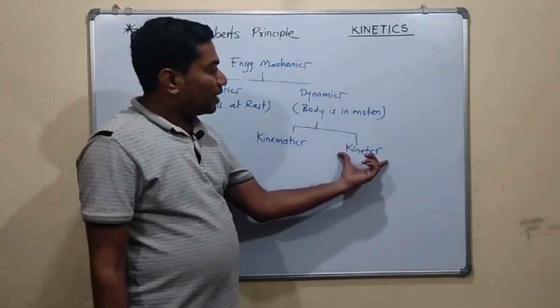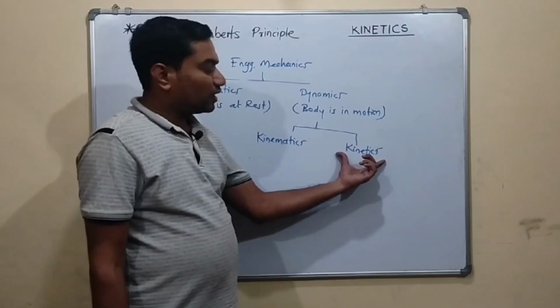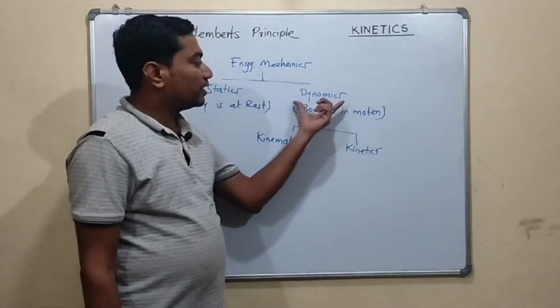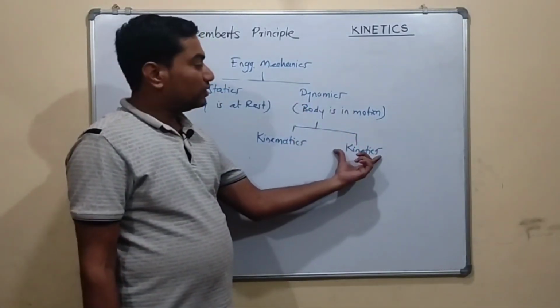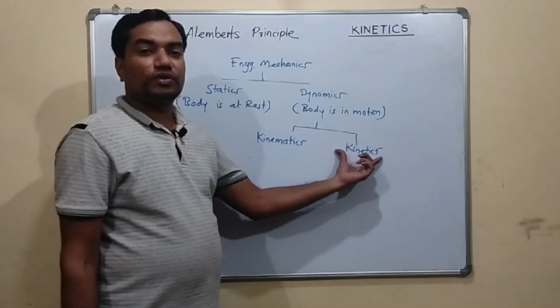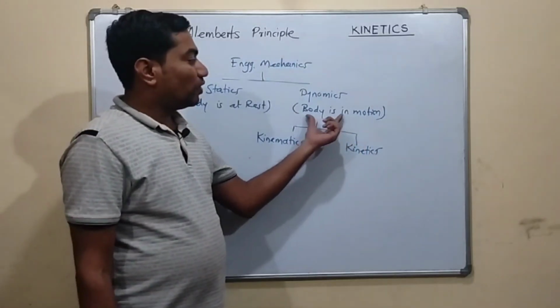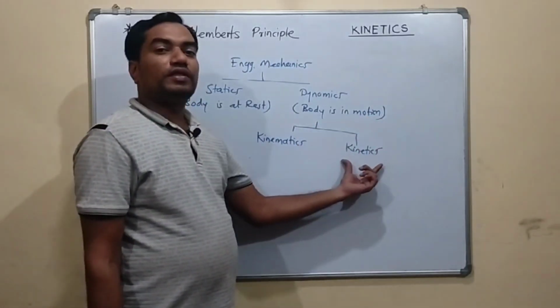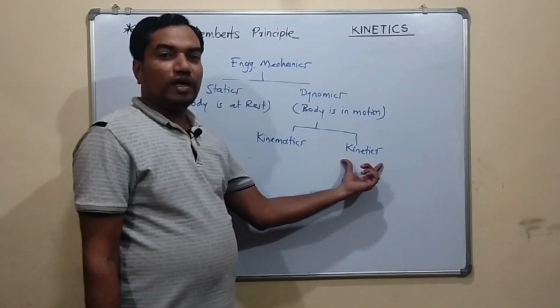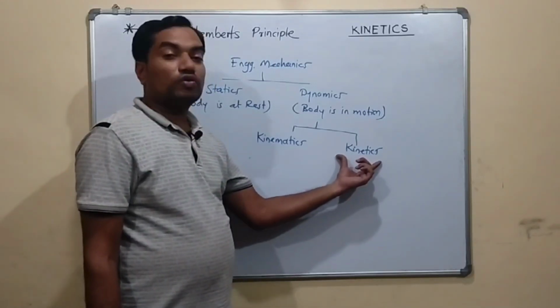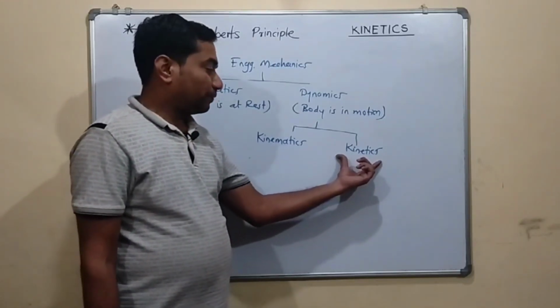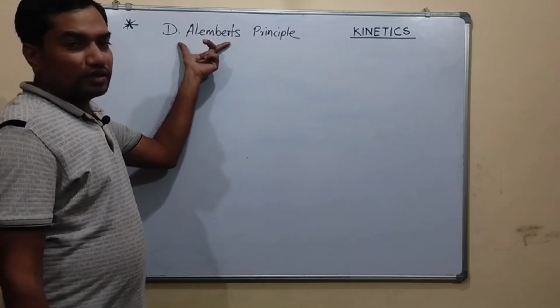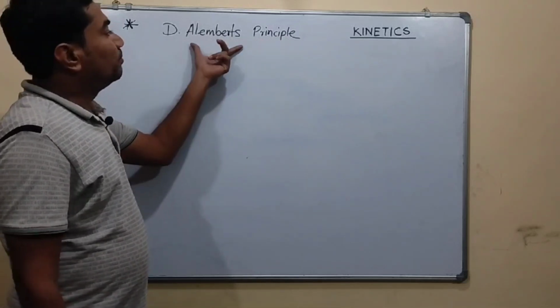The second part of dynamics is kinetics. Kinetics is the branch of dynamics which deals with the forces acting on the body when it is in motion, considering the mass of the body and the cause of motion of the body. Today in this lecture we are going to see what is D'Alembert's principle.